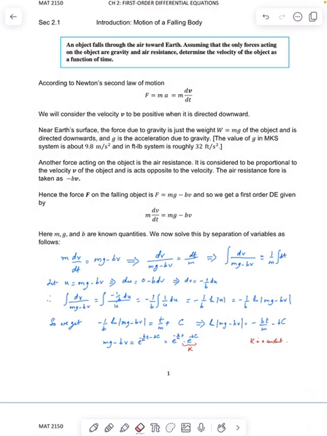So now we can actually solve this. This is actually a linear first order differential equation in v.